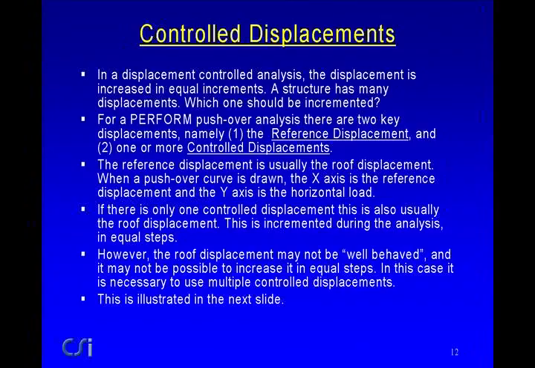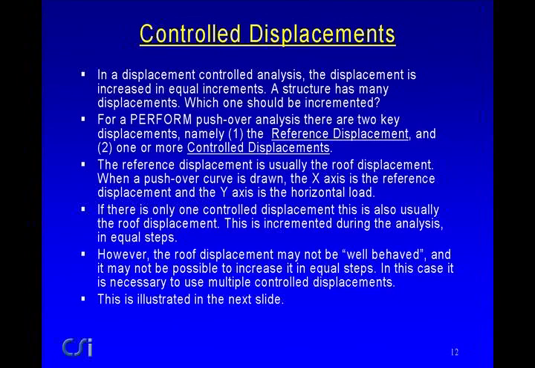Now, what you do in Perform, and let's look here at a pushover analysis. There are two key displacements. Firstly, there's a reference displacement, and secondly, there are one or two controlled displacements. I'll illustrate this graphically, by the way, in just a moment. The reference displacement is usually the displacement at the roof. And when you plot a pushover curve, it's basically base shear versus roof displacement.